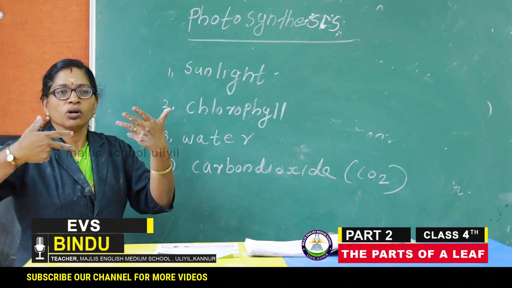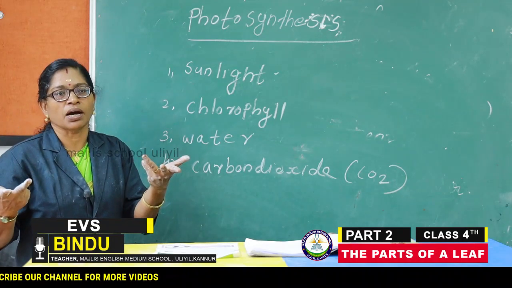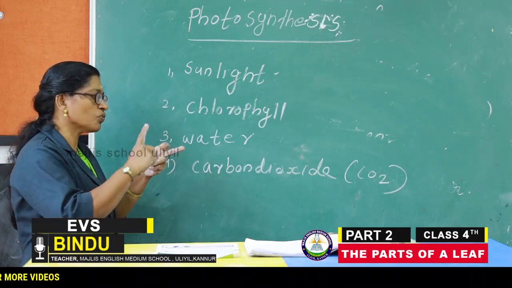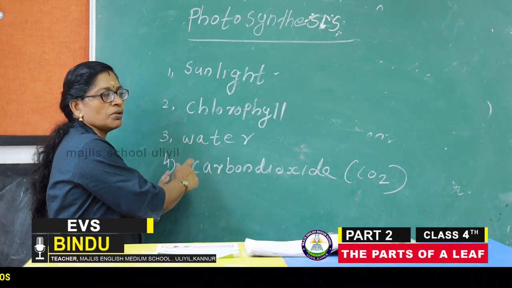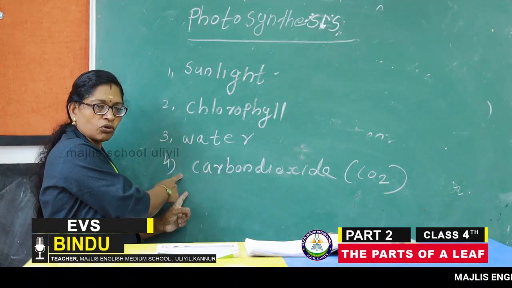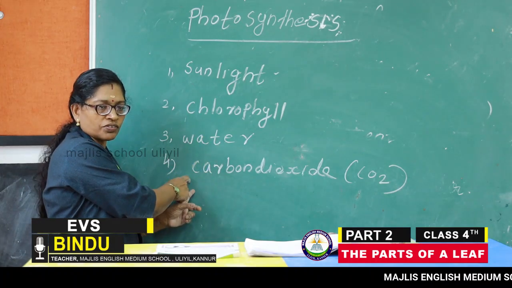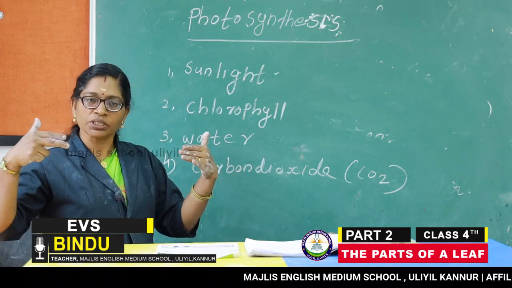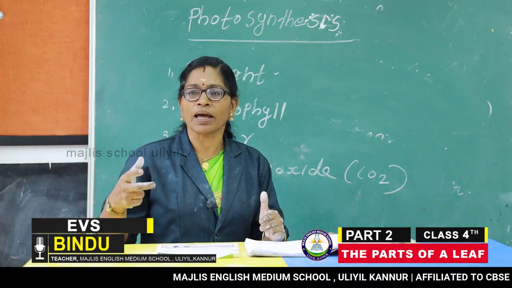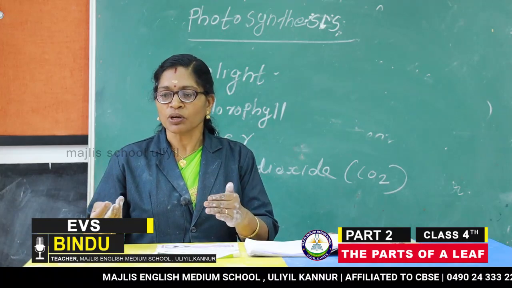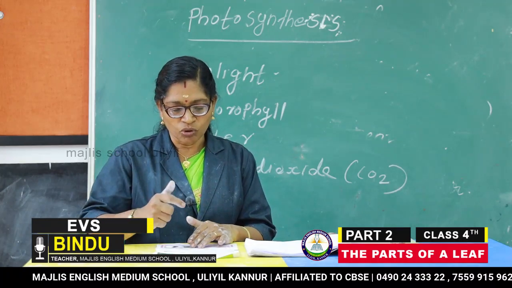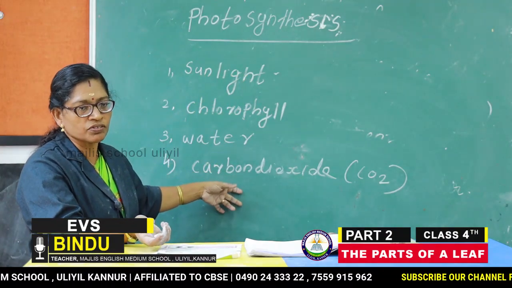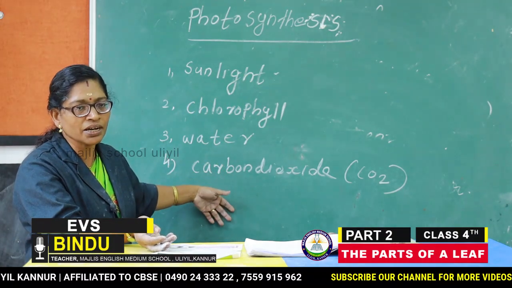So all the living things breathe out carbon dioxide and that carbon dioxide is used for the preparation of food for the plants, for photosynthesis. That is why we say that plants protect us. So, these are the agents of photosynthesis. I think you all clear.